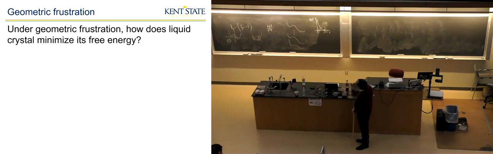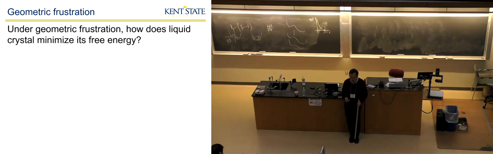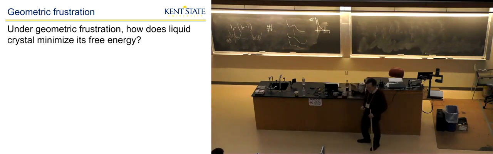The liquid crystal is frustrated. It wants to have a certain set of deformation modes, but there isn't any director field that it can possibly make that has that set of director deformation modes. So what can the liquid crystal do? How does it minimize its free energy?